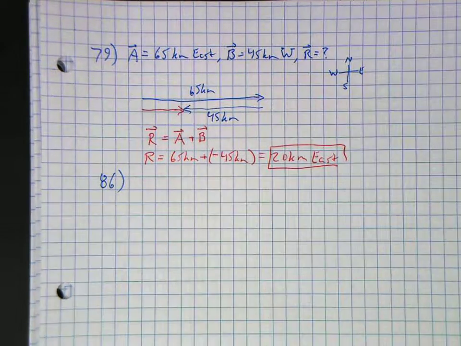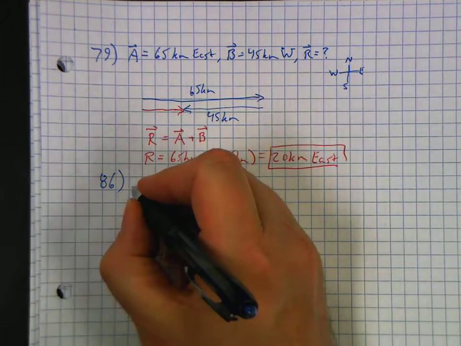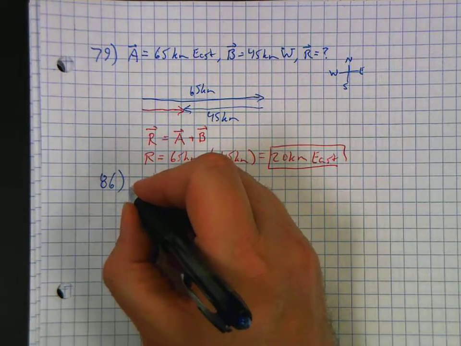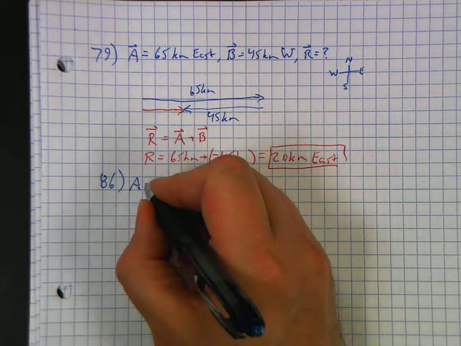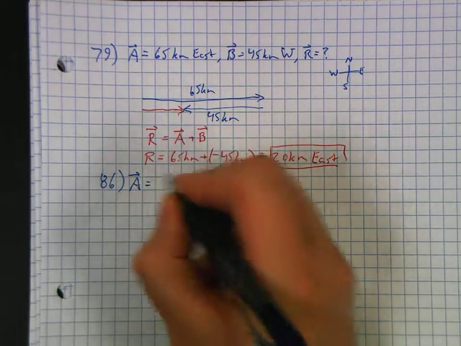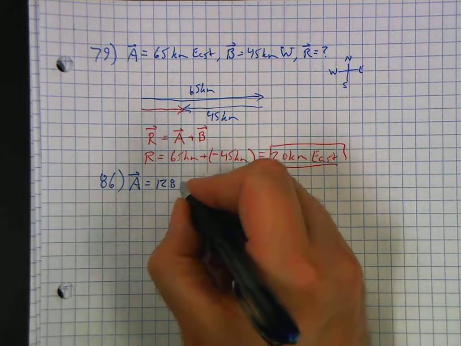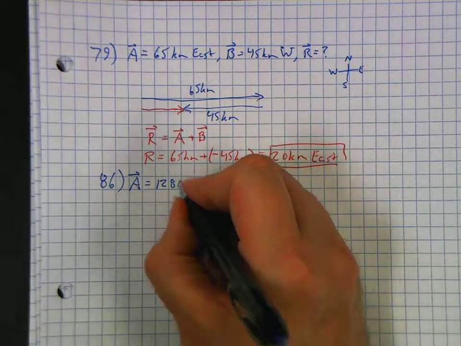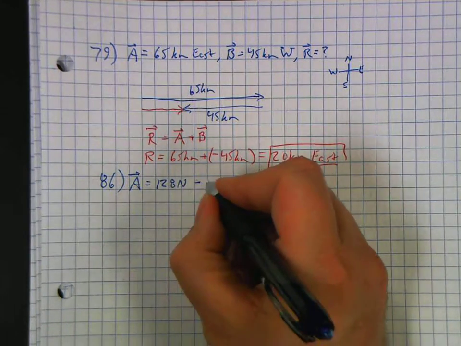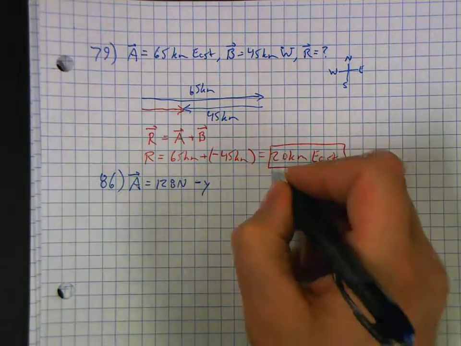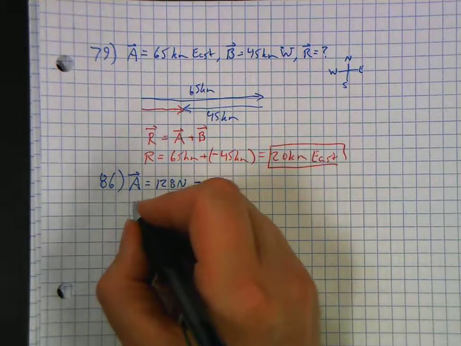I'm just going to list them out. I'm going to say that my first variable, the first vector that I listed, I'm just going to call it A, is equal to 128 newtons in the negative x direction.